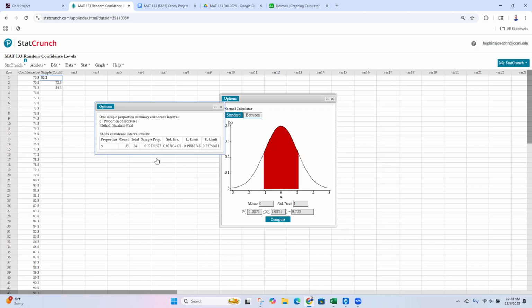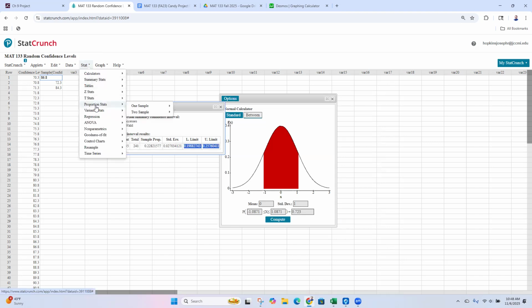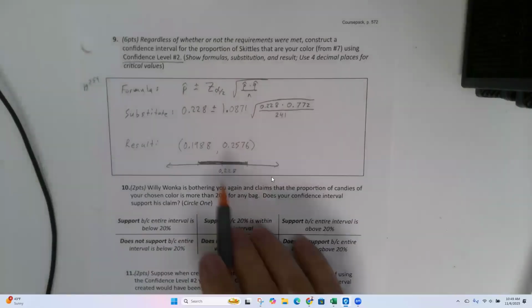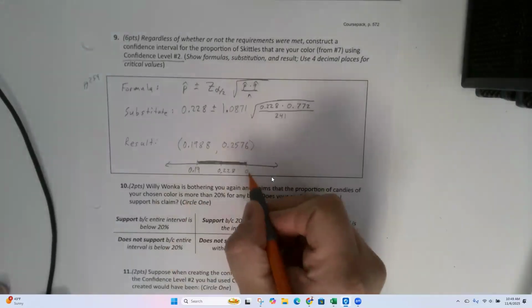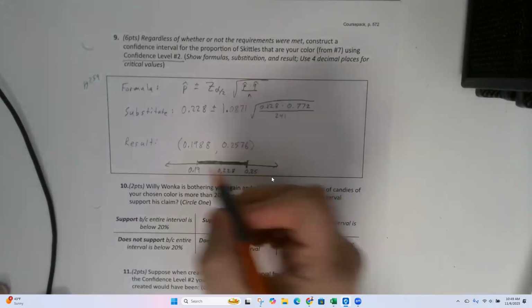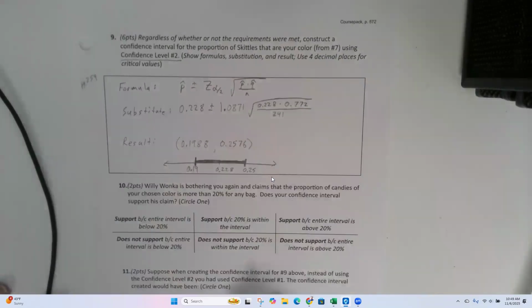Again, that was proportion stats, one sample with summary. So my result is 0.19 and 0.25. That's my lower end and upper end.